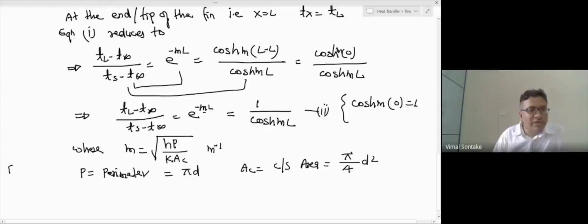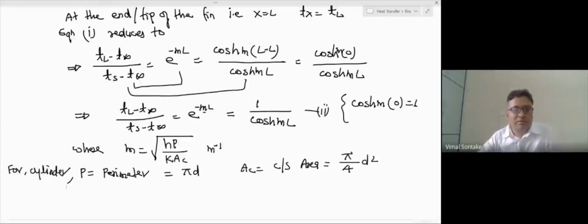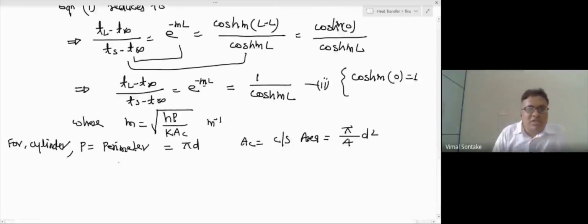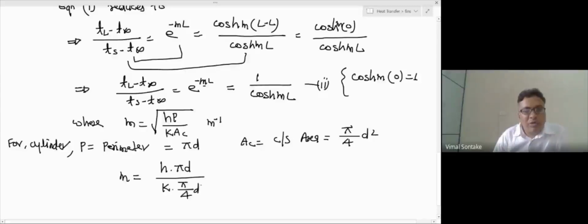So considering P and Ac formulae for a cylindrical rod, I can calculate m: P is pi d and k into pi by 4 d square.